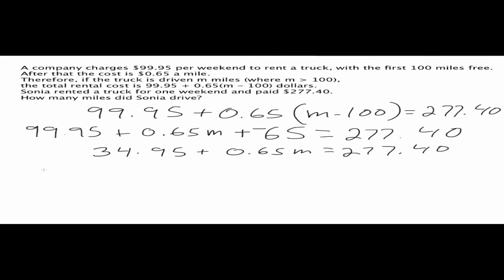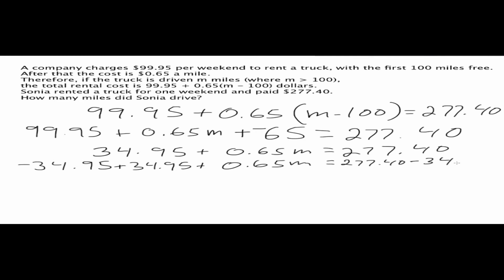So a negative 34.95 plus 34.95 plus 0.65 M equals 277.40 minus 34.95. So 0.65 M equals, does this equal 0? A negative 35 plus, yeah, that's 0. Good. And now we get 277.4.